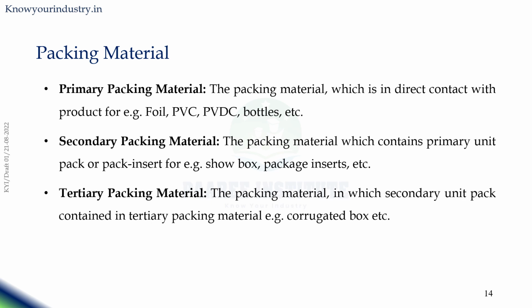The primary packaging material is in direct contact with the product, like bottles, foils, caps, etc. The secondary packaging materials are used to pack the primary unit or the pack insert, like show box, package inserts, etc. The tertiary packaging materials contain the secondary unit pack, like corrugated boxes. These must also comply with the standards maintained for pharmaceutical products, so these materials will be tested and used during development as well as the manufacturing process.